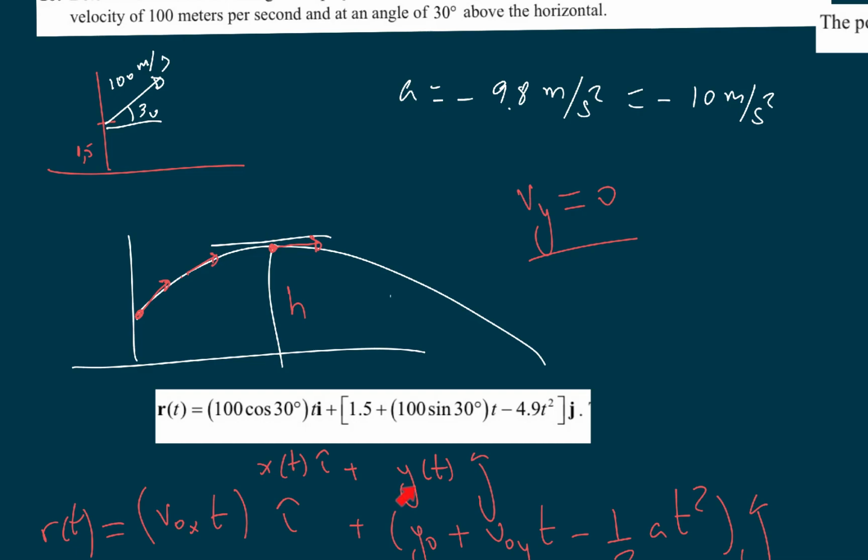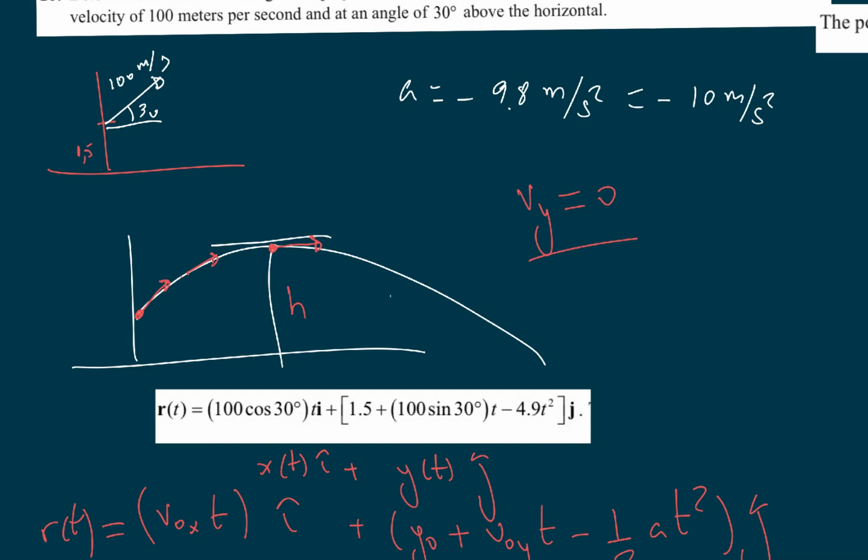So I have y of t, which is all this expression. I will take the derivative of y with respect to t: the derivative of this constant is 0, the derivative of this is 100 sine of 30 times 1, minus 2 times 4.9 times t.